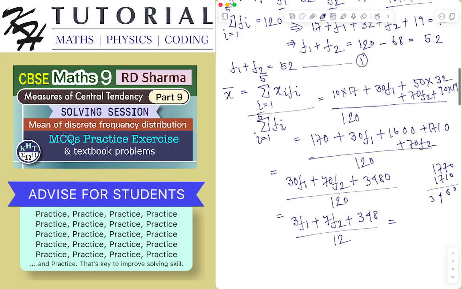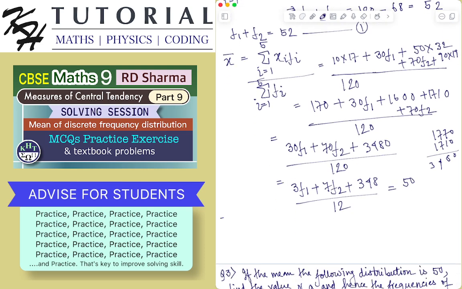So this is equal to 50. This implies 3f1 plus 7f2 is equal to 50 times 12, which is 600, minus 348, which is equal to 252.